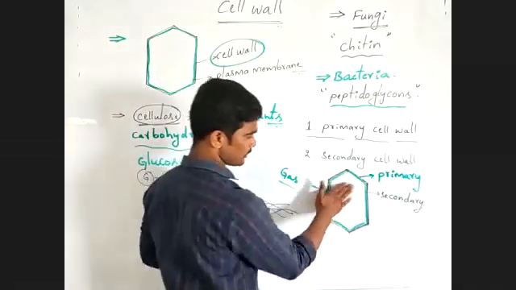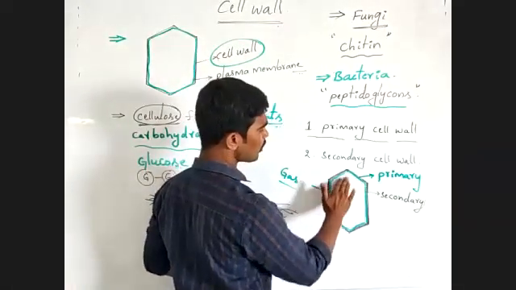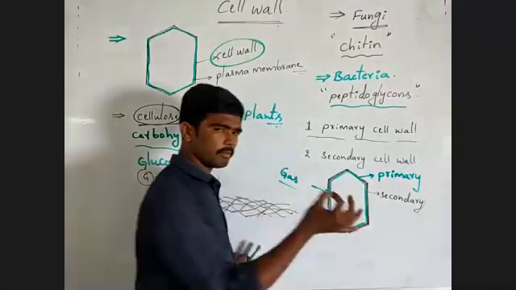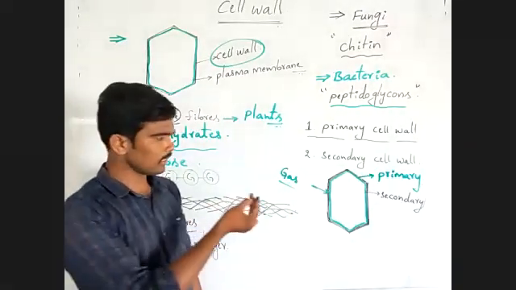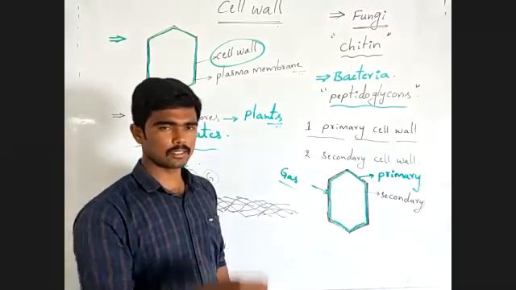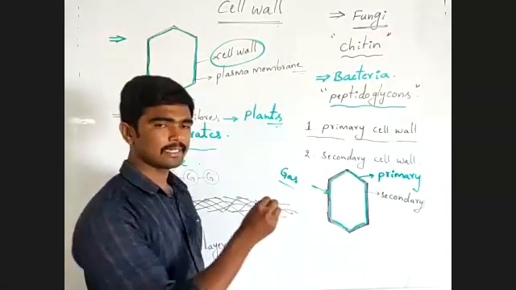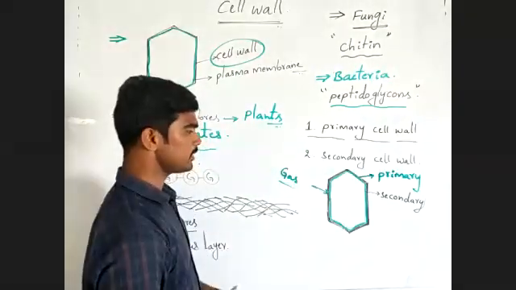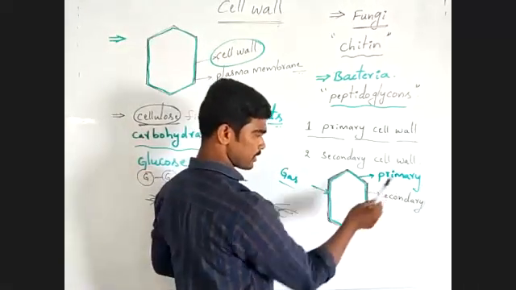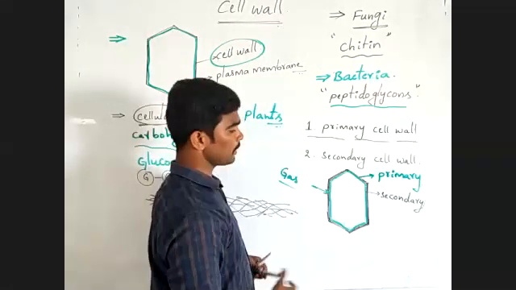Means all inner content, plasma membrane, cytoplasm, internal cell organelles and other structures are degenerated. After formation of secondary cell wall, what will happen?